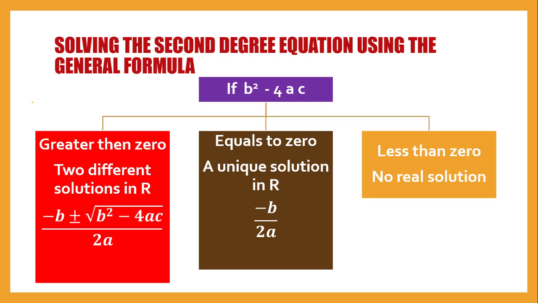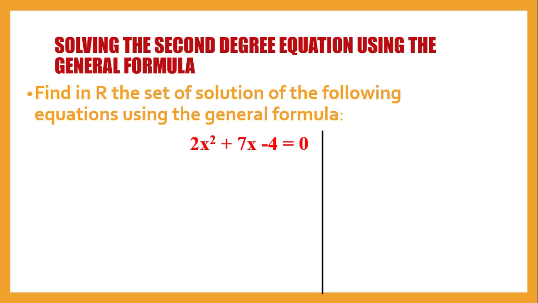If it is less than 0, it means negative, and there is no negative number that can be put inside the square root, so you don't have any real solution. So b power 2 minus 4ac determines if you have two solutions, one solution, or no real solution.